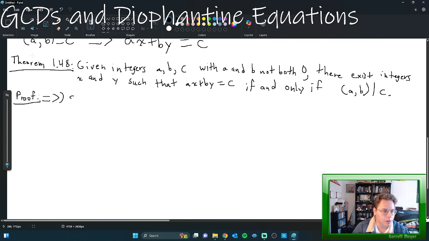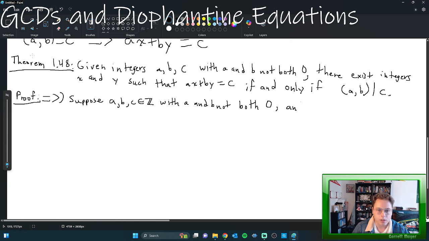So we're going to suppose a, b, and c are all integers with a and b not both 0, and ax plus by equals c for some x, y that are integers.